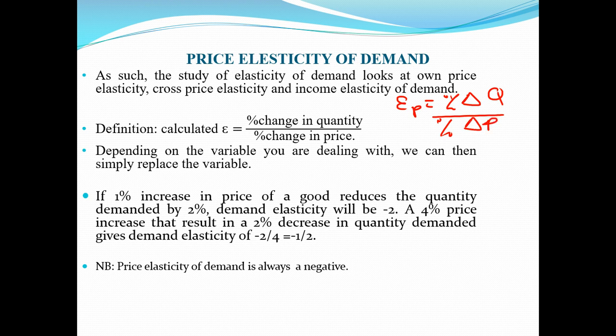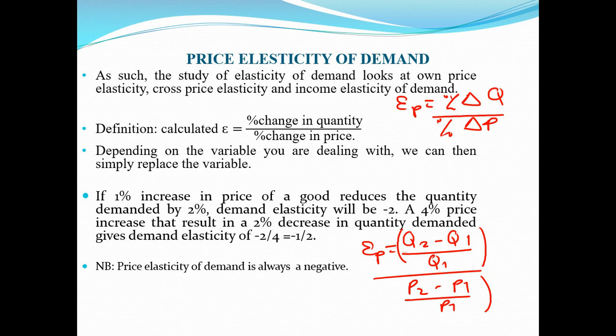We know that we can expand this. So price elasticity of demand can be (quantity 2 minus quantity 1) over quantity 1, the whole lot of it divided by (P2 minus P1) over P1, which means that it looks at the percentage change. So the top part there is the percentage change in quantity, divided by the percentage change in price.